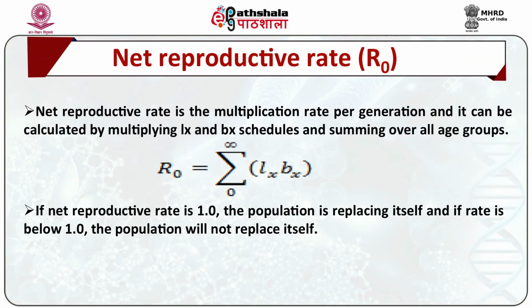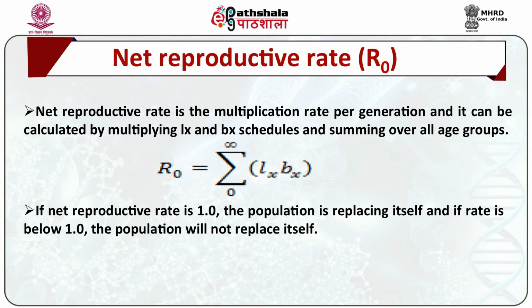The net reproductive rate is calculated by the formula: number of female offspring produced in generation t plus 1, divided by the number of female offspring produced in generation t.